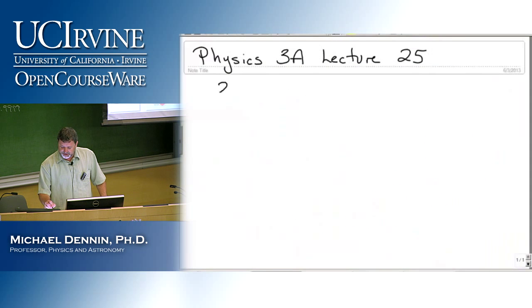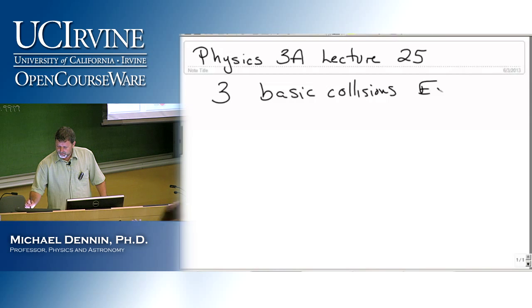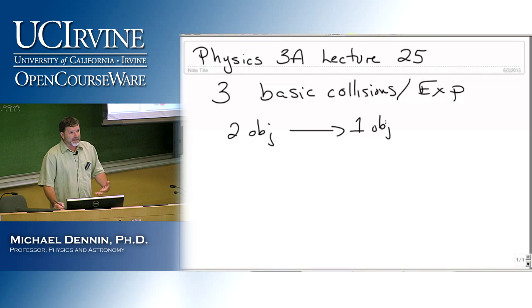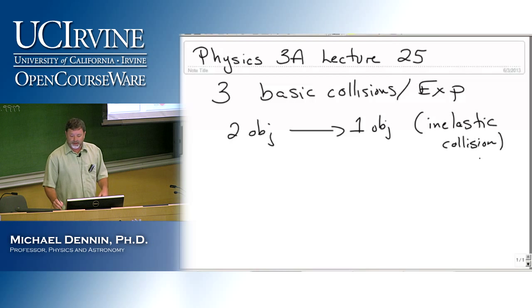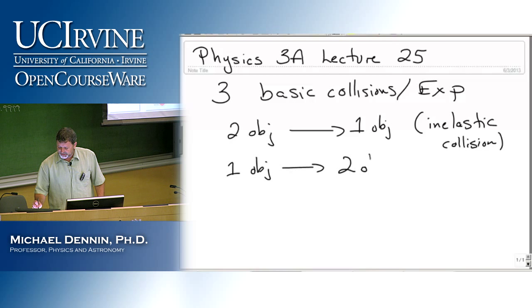So our 3 basic collisions or explosions are 2 objects going to 1 object. When that happens, you will have an inelastic collision. We will lose kinetic energy, and we will talk about that. We will have 1 object going to 2 objects. This is what we refer to as an explosion.